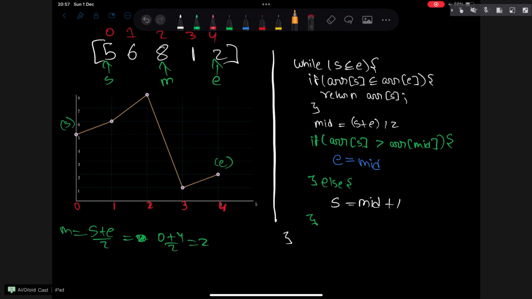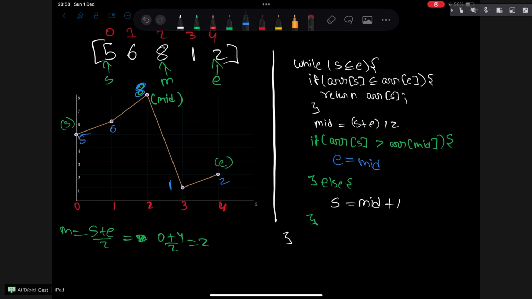After that, we are going to check the relation between array of s and mid. So what is my array of mid? This is where the mid is pointing. At what value is it pointing? 8. Let me write the values: 5 6, this is 8, then we have 1, and then we have 2.